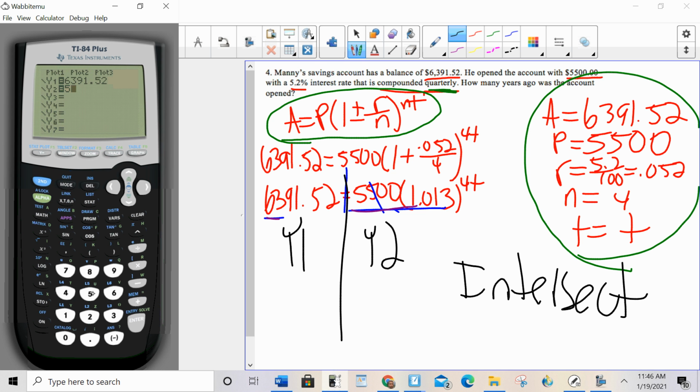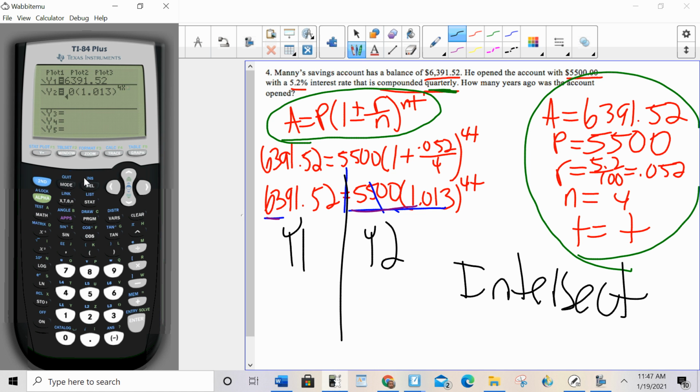Y2 equals 5,500 times 1.013 to the power of 4, and the variable that I put in is always x. I got that in the wrong spot. 4x. Let's delete this stuff up here.